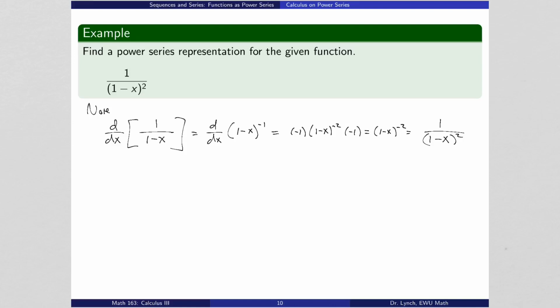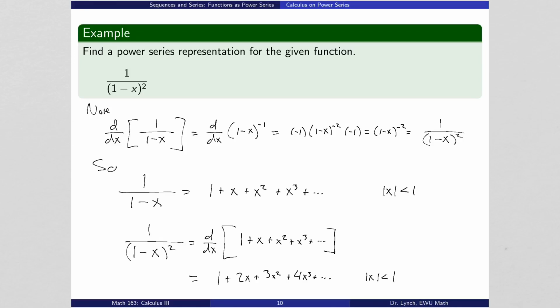So we'll start with the geometric series and then differentiate term-wise to find the series we want. So the series representation for 1 over 1 minus x quantity squared is going to be 1 plus 2x plus 3x squared plus 4x cubed and so forth, on the radius of convergence absolute value of x less than 1. We can express that succinctly as an infinite series using summation notation: the sum n equals 1 to infinity of n times x to the n minus 1, again on the radius of convergence of 1.